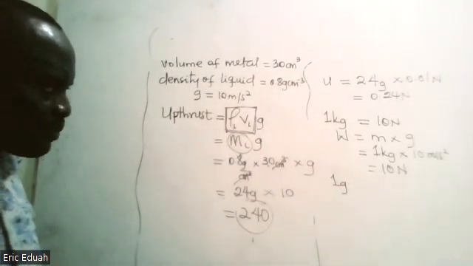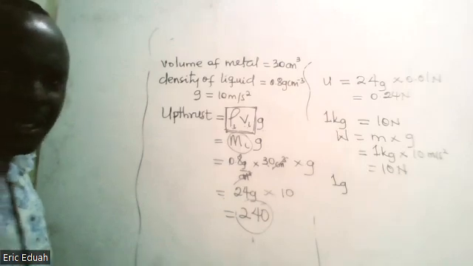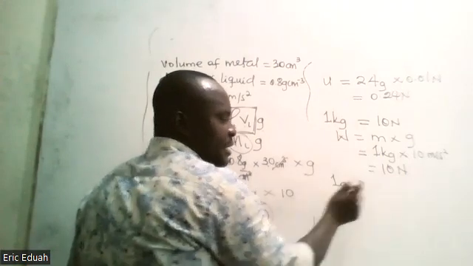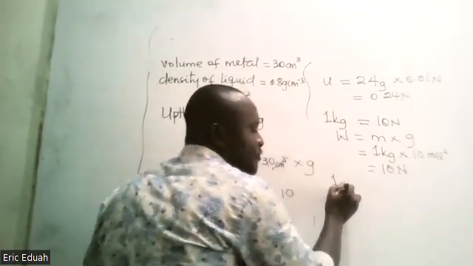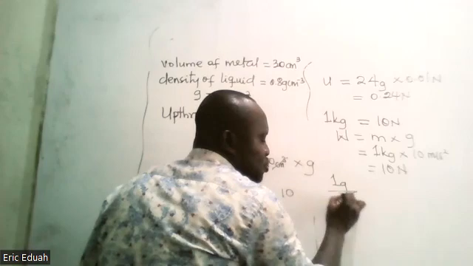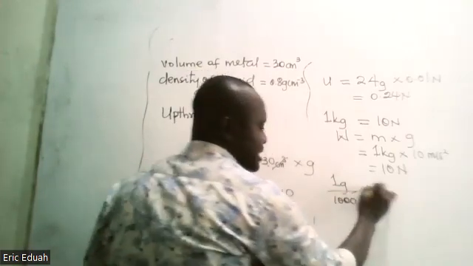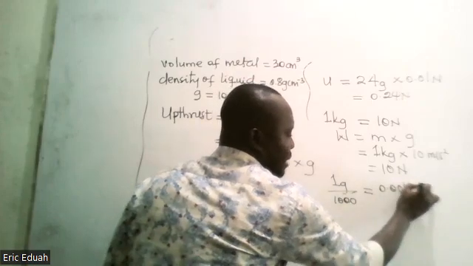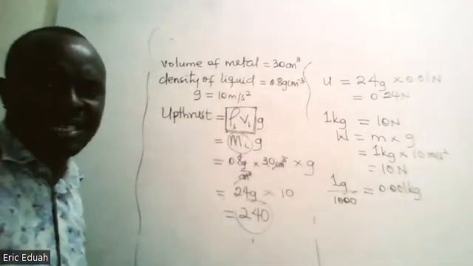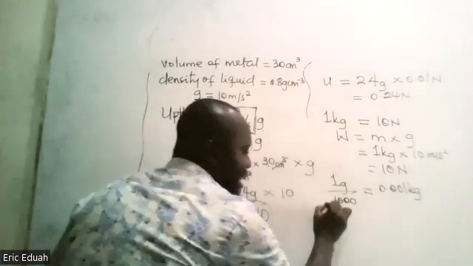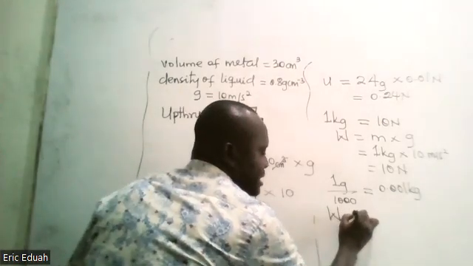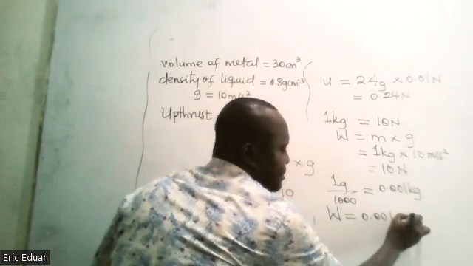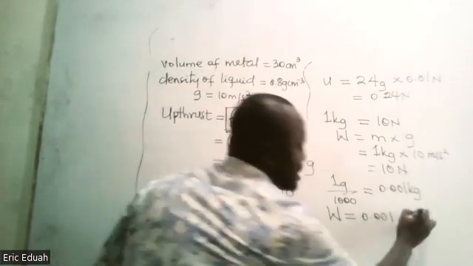To find the equivalent weight of 1 gram, the obvious thing is to convert this to kilogram by dividing by 1,000. So this is equal to 0.001 kilogram. Having converted the mass in gram to kilogram, I can now find its weight, which is the mass 0.001 times acceleration due to gravity, which is 10.